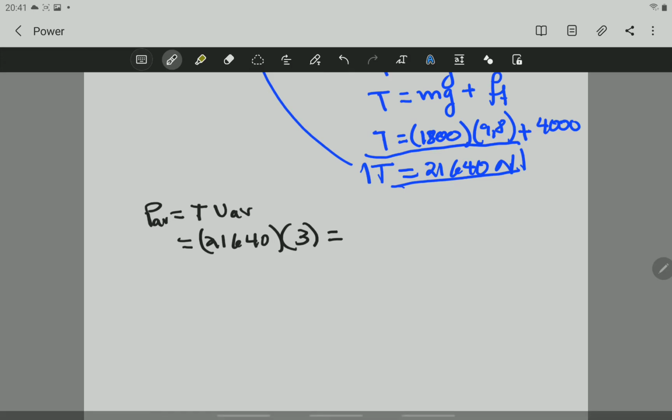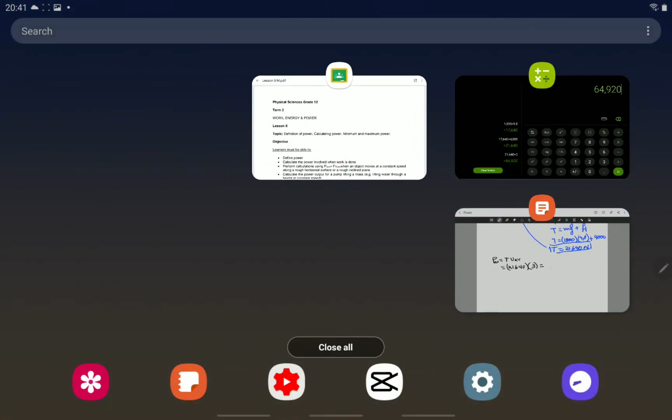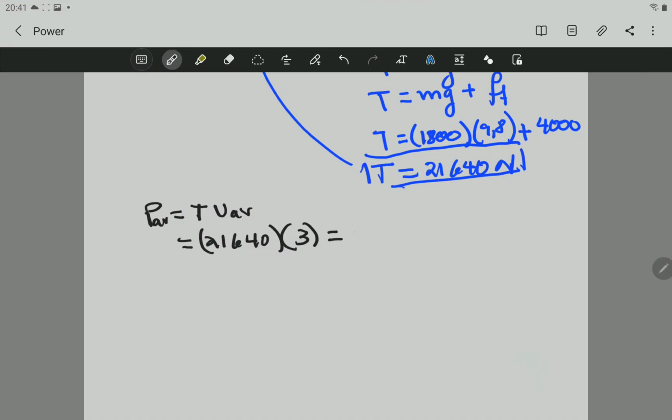If we go to our calculator, we multiply this answer times 3 and we get 64,920. So the answer is 64,920 watt. That is the power delivered by the motor.